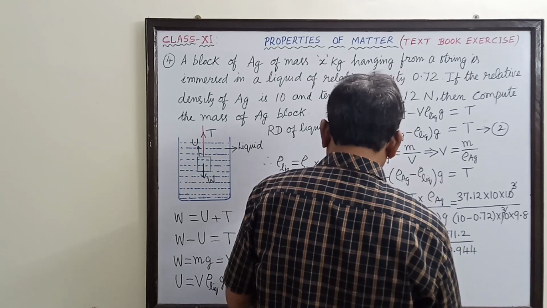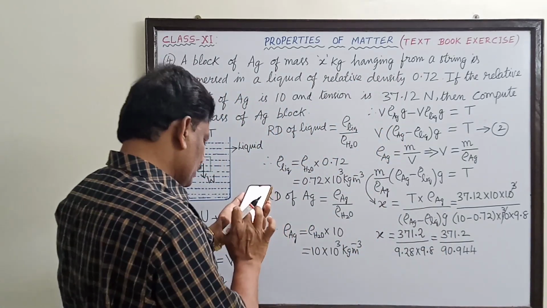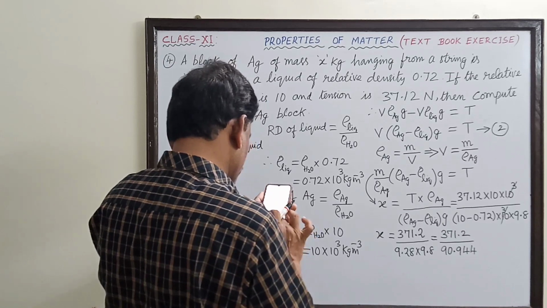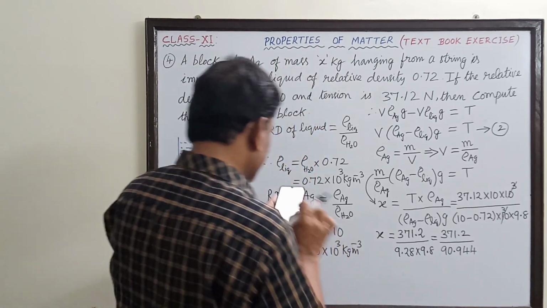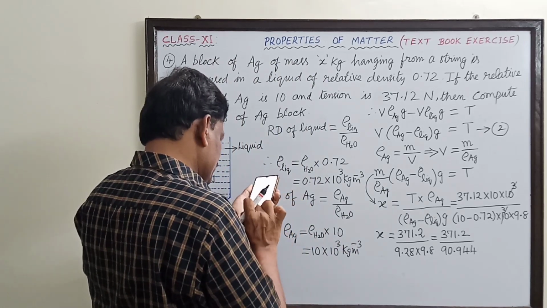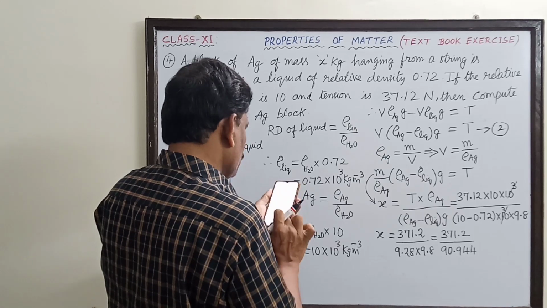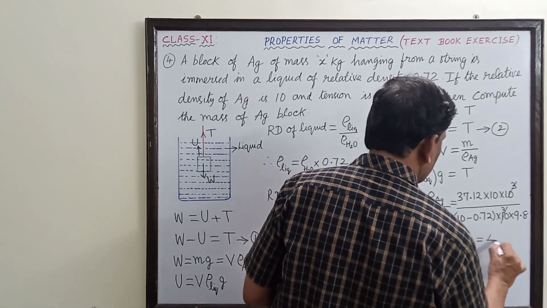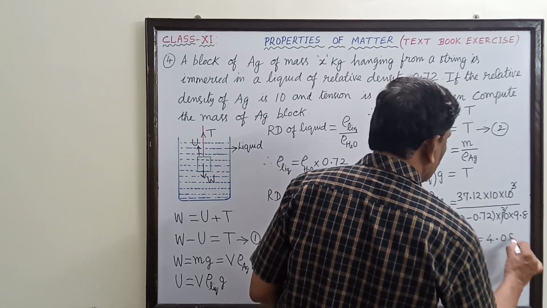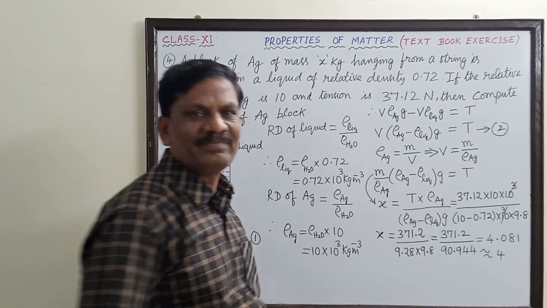Now next I have to divide 371.2 by 90.944. So this is coming as 4.081, which is nearly equal to 4.